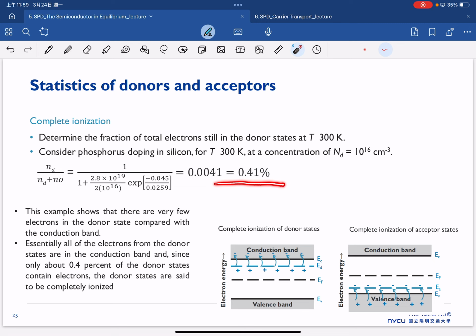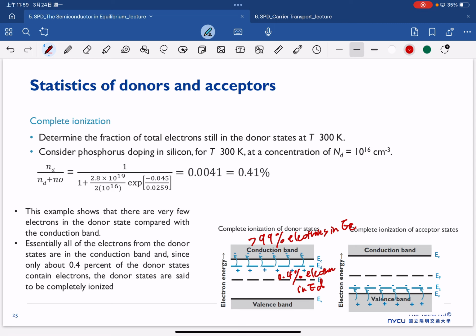So 0.41% suggests that with such a small ionization energy, only 0.4% of electrons remain in the donor state, and more than 99% are above the conduction band.